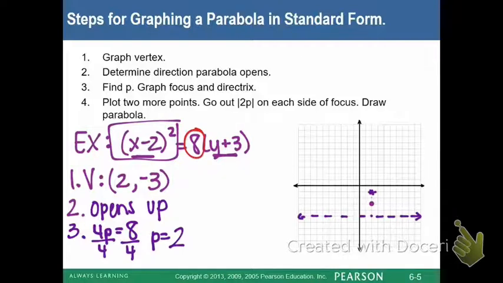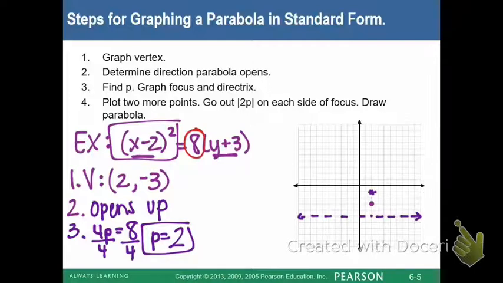Actually, it's not hard to find 2 more points on the graph. Whatever that value of p is, so we got p equals 2, you are going to double it and then go out that distance from the focus. So it says go out the absolute value of 2p. That's just telling you that you're going a positive amount on each side.